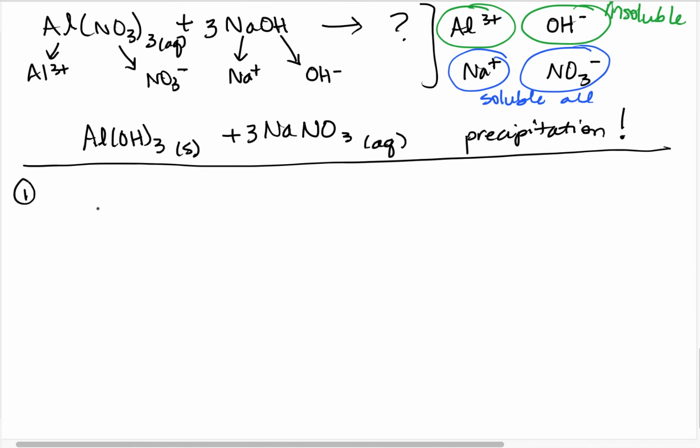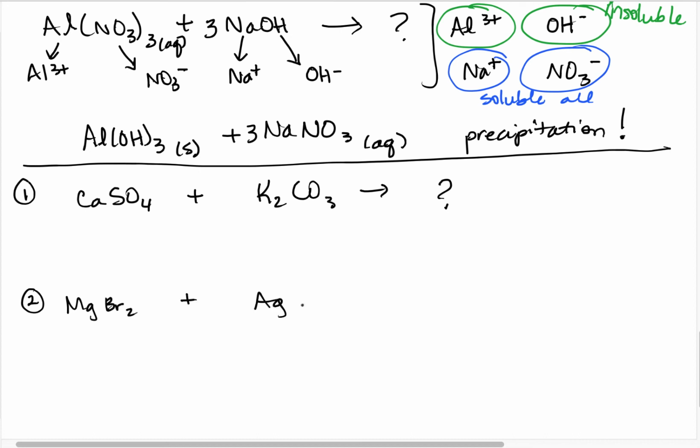Okay, in my first example, let's combine calcium sulfate and potassium carbonate and see what happens. And in the second example, let's combine magnesium bromide and silver nitrate. So I want you to go look at your solubility rules, predict whether or not we're making any insoluble compounds, and also put the phases everywhere and balance it.